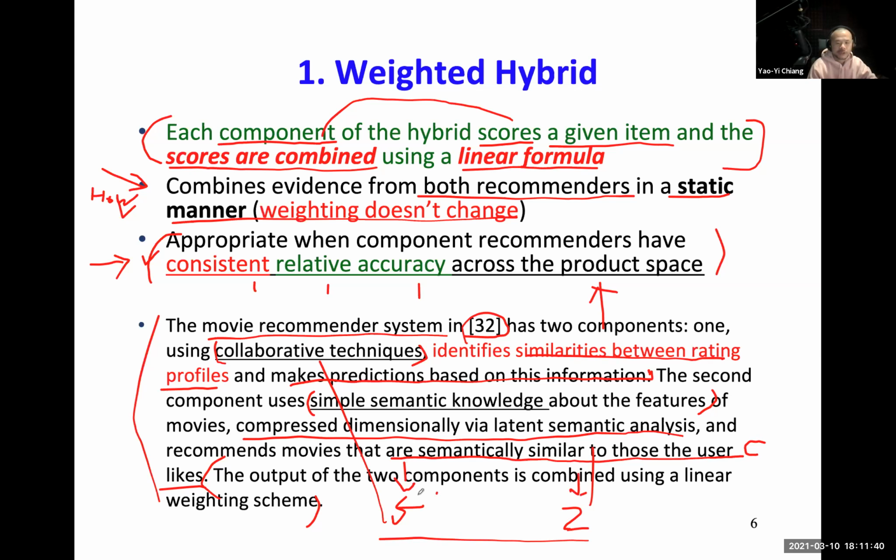You say, I want to trust this 80%, and this content-based 20%. So eventually you just do a weighted sum, right? 5 times 0.8 plus 2 times 0.2, and you have your result. This means that across all the user and item space, these 2 weights do not change.